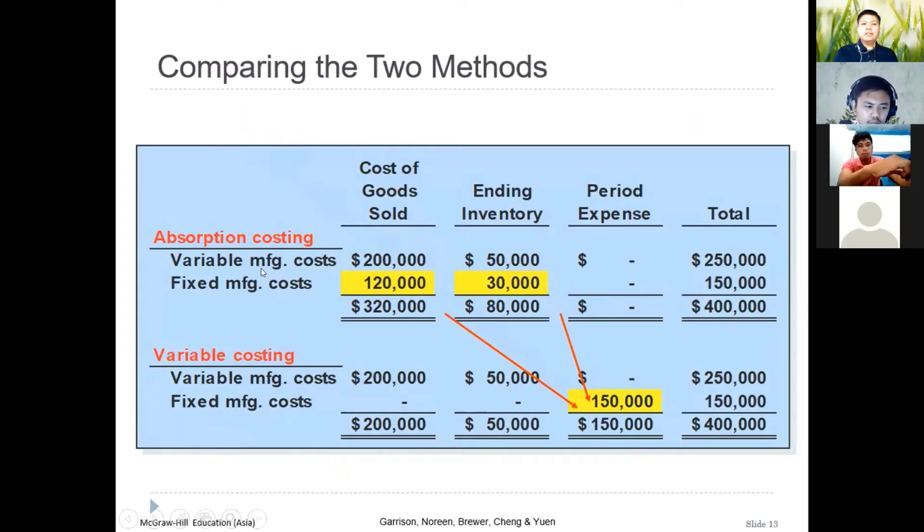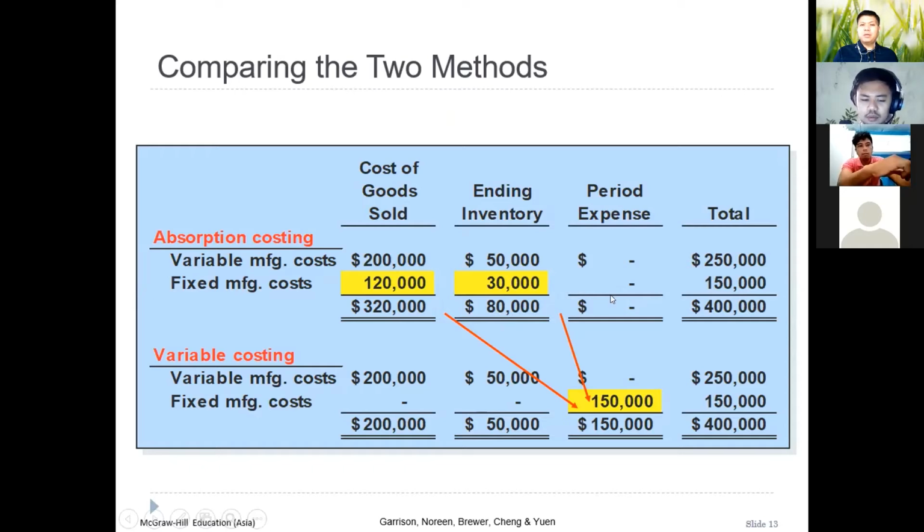Under the absorption costing, variable manufacturing costs are 200,000 plus the fixed manufacturing cost of 120,000. So you have here 320,000. Now the ending inventory, you have here what? 50,000 and 30,000. So you have a total of 80,000.